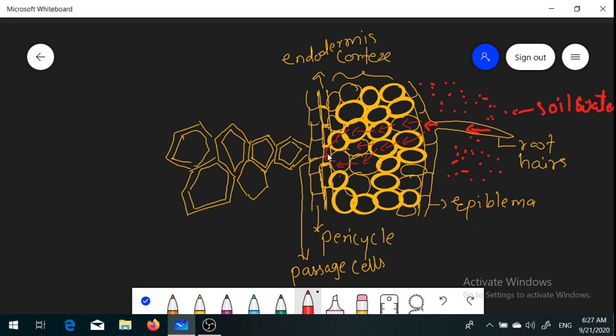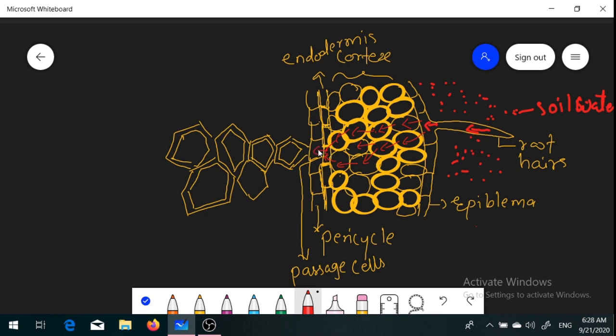Okay. The passage cells have high osmotic potential earlier, then as they absorb water they become turgid and have low osmotic potential, low DPD. At the same time the adjacent pericycle cells have high DPD, high OP, osmotic pressure, so they take water from this.